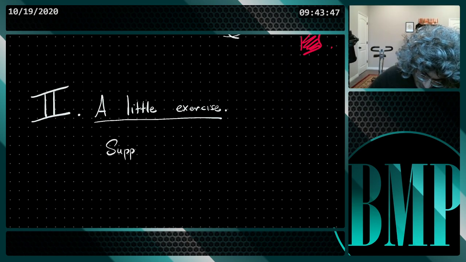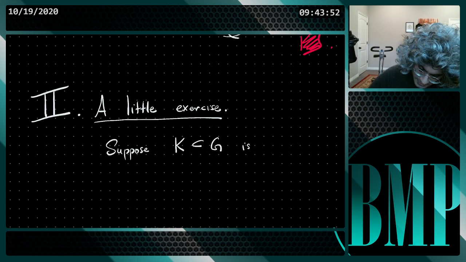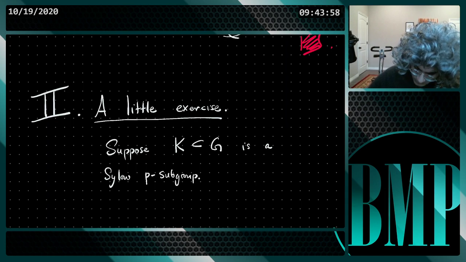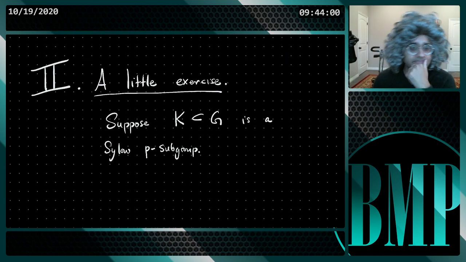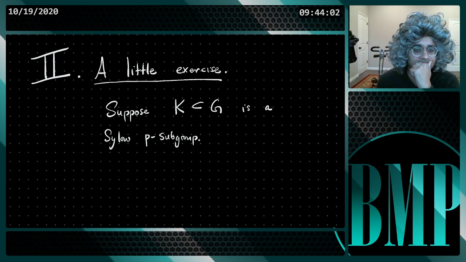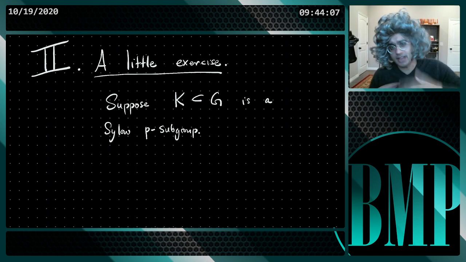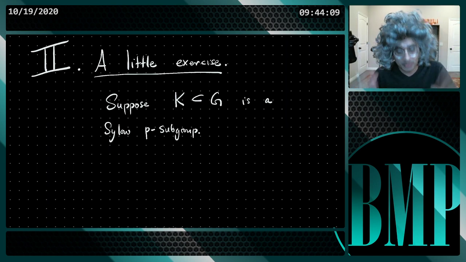Suppose K inside of G is a Sylow p subgroup. Then what can you do? Anytime you have a subgroup, you can take the normalizer.